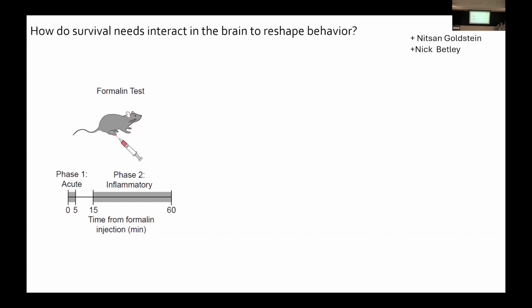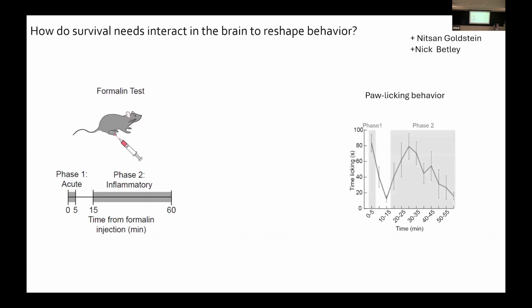But then around 15 minutes after this injection to an hour, there's this secondary pain response where there's a lot of burning and tissue damage, and there's a secondary phase of behavioral reaction to the pain. If you look at a mouse during one of these assays and you count how many times it licks its paw, you'll see that there's this initial period of high licking that drops down to baseline, and then there's a secondary inflammatory response that clears up by the end of the hour.